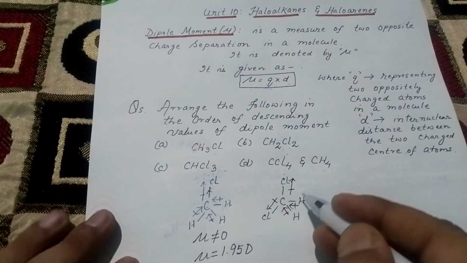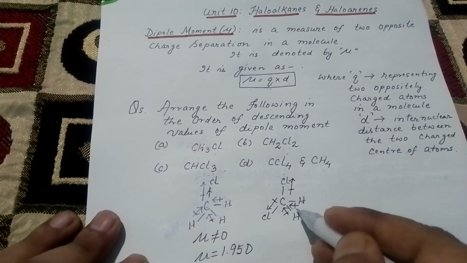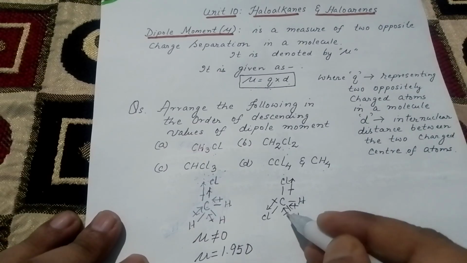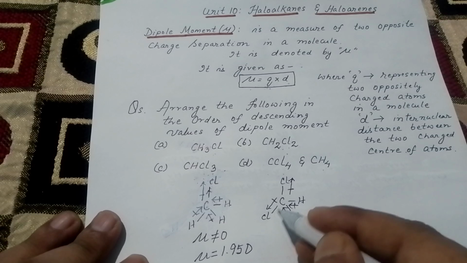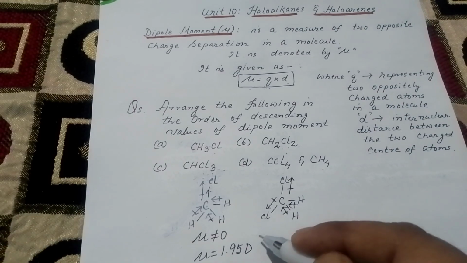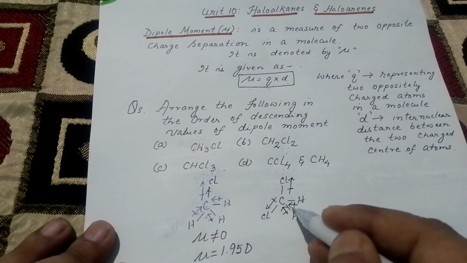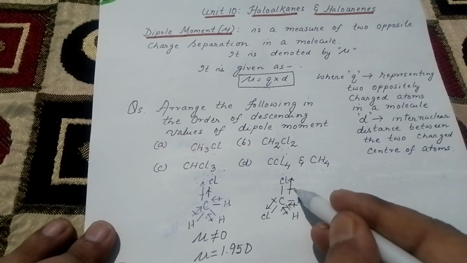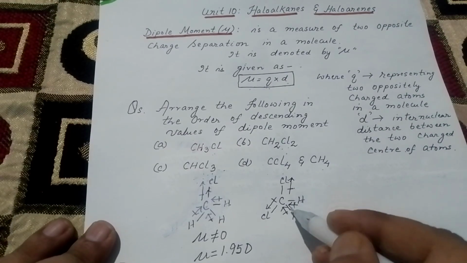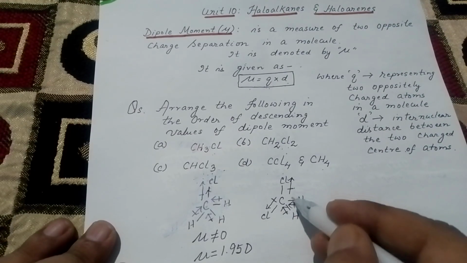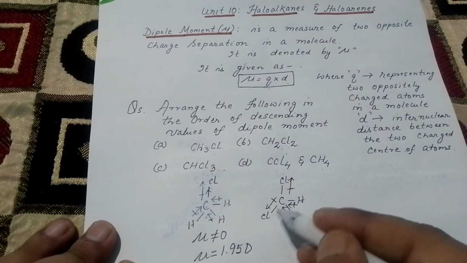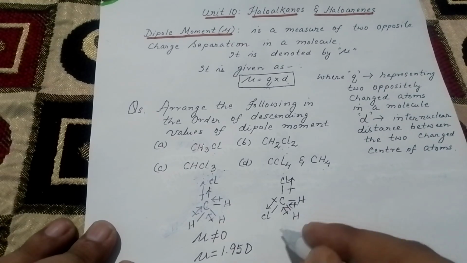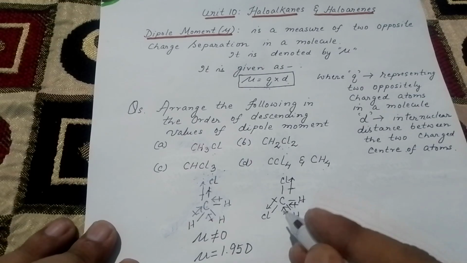Here when we see, three of the vectors are showing in more or less the same direction, but one of them is showing to the opposite. So here the dipole moment is smaller as compared to methyl chloride.